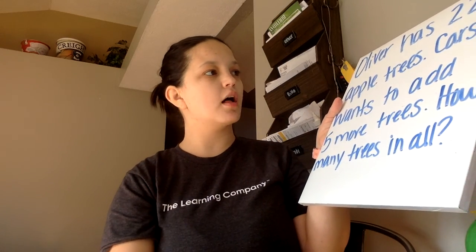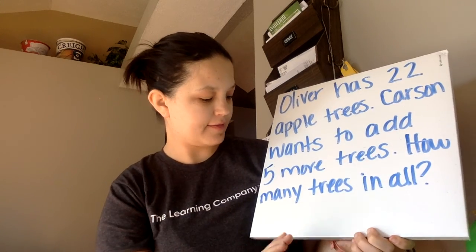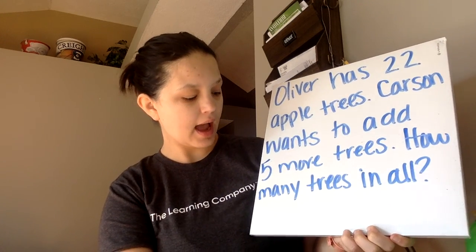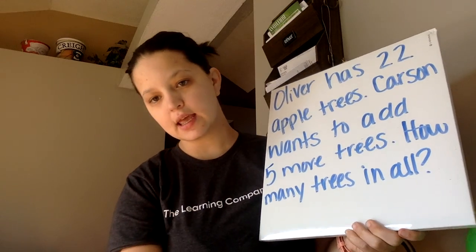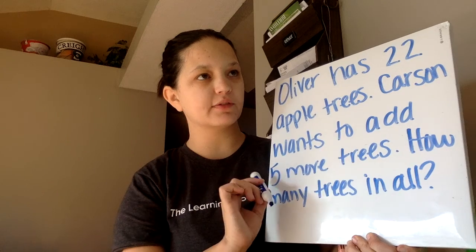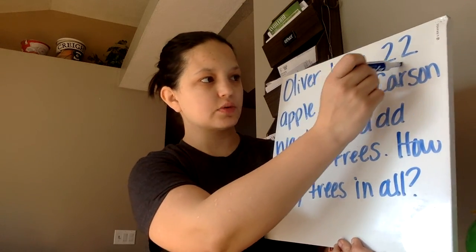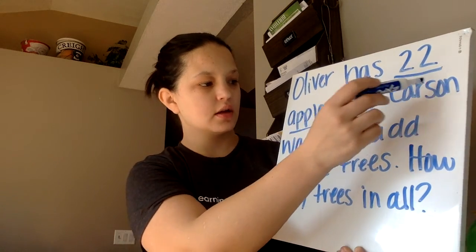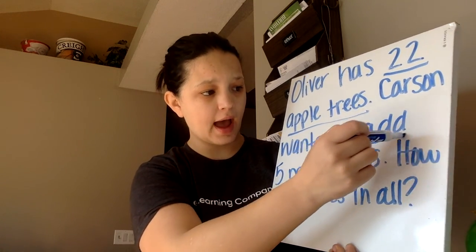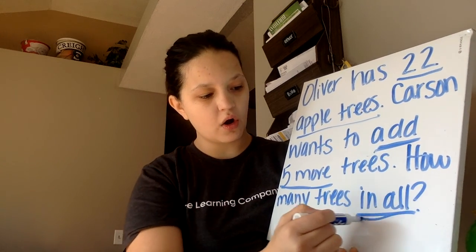Okay, the next problem. Oliver has 22 apple trees. Carson wants to add 5 more trees. How many trees in all? So key information, we have to look and see what type of problem this is. So he has 22 apple trees. Carson wants to add 5 more, and it's in all.